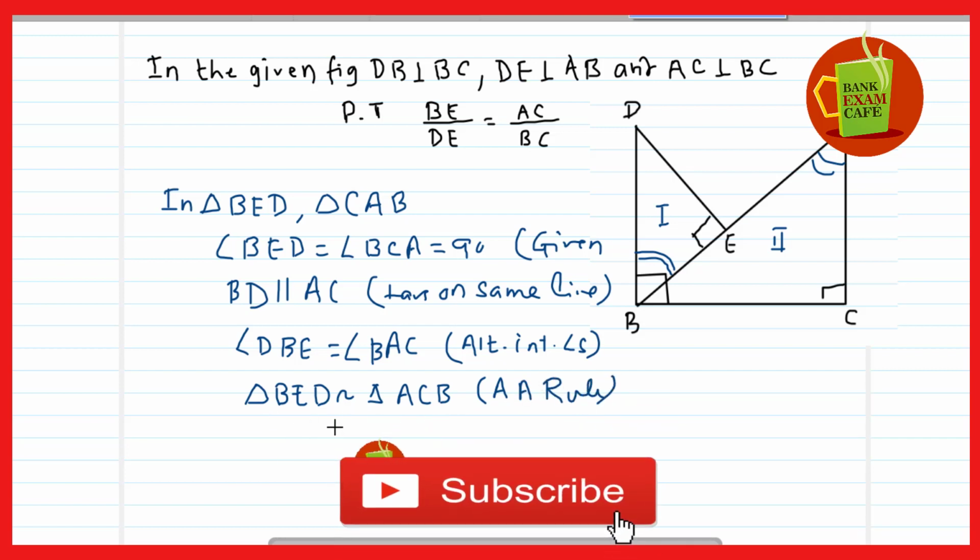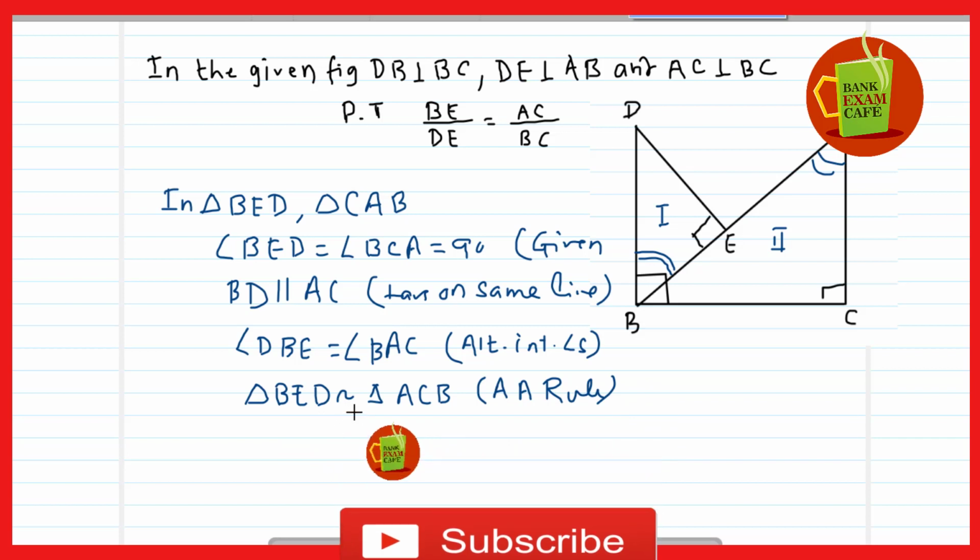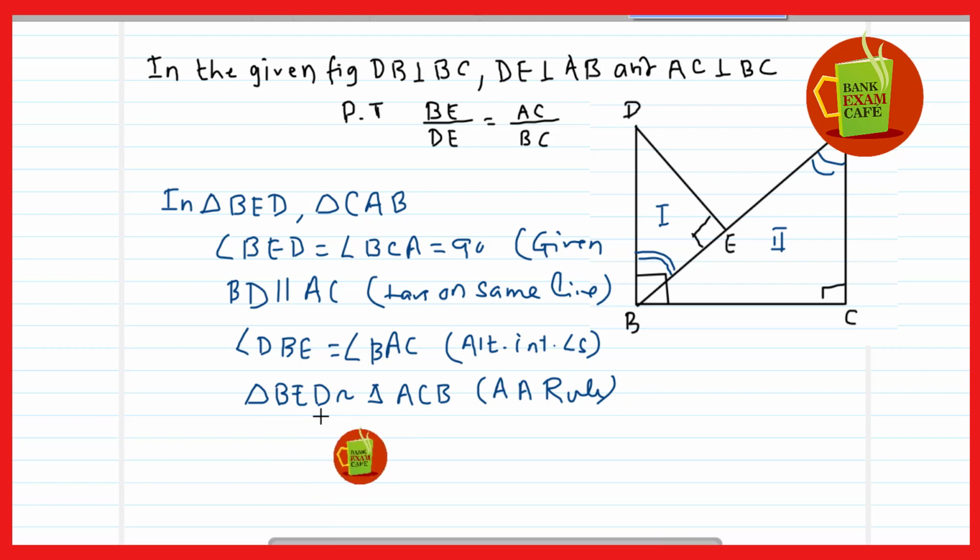And since these two triangles are similar, we can say that the ratios of their corresponding sides are also equal. So BE and AC are the corresponding sides, so it will be BE upon AC, which is equal to DE upon BC, as DE and BC are corresponding sides.